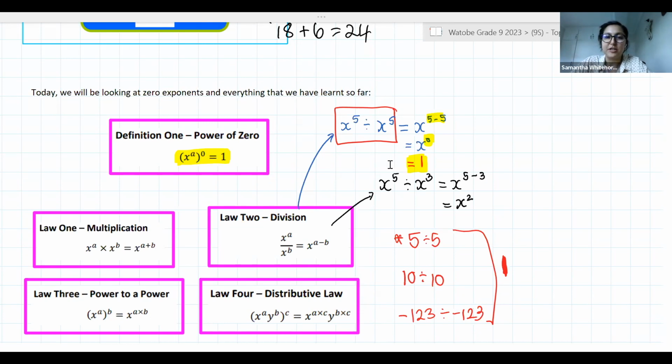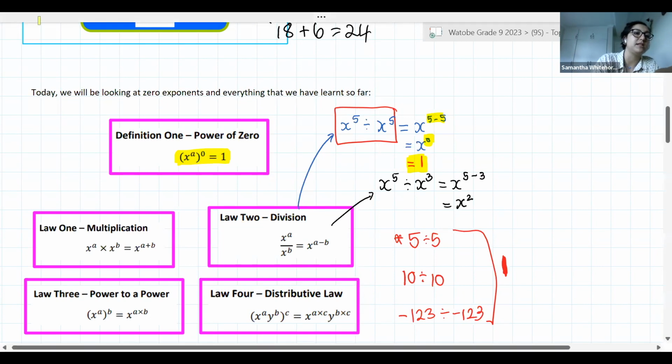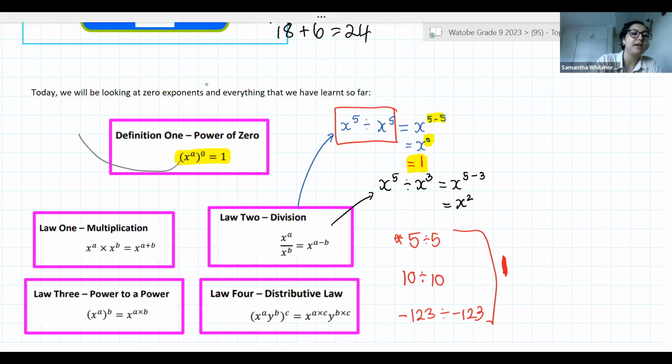Okay, so I see Voi's question coming there on the chat. The power of 0 is basically us dividing a value by itself. So for example, if we take the exact definition that we have there, this is essentially saying x to the power a divided by x to the power a. Whenever you divide something by itself, you get 1. And so if you now apply the second law of exponents, which says subtract the exponents, a minus a is 0.